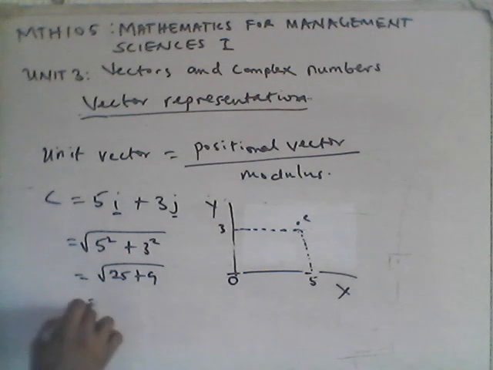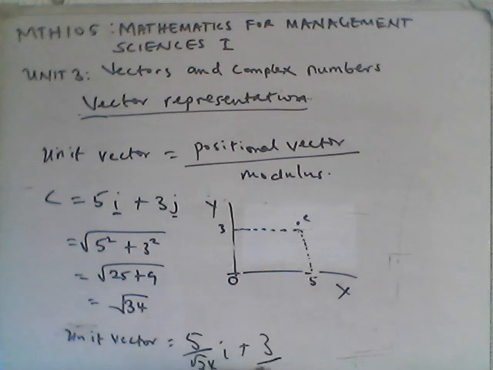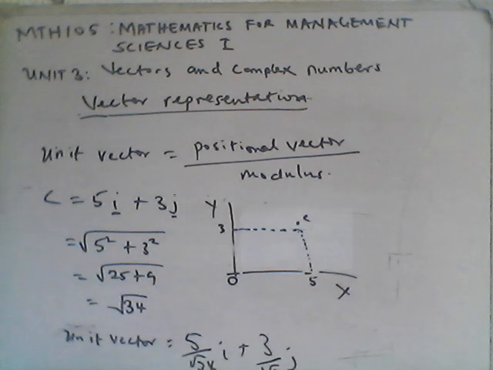Add the two of them, I get 34. Right? So this is the magnitude. So if I now say the unit vector is equal to 5 over root 34 i plus 3 over root 34 j. Okay?